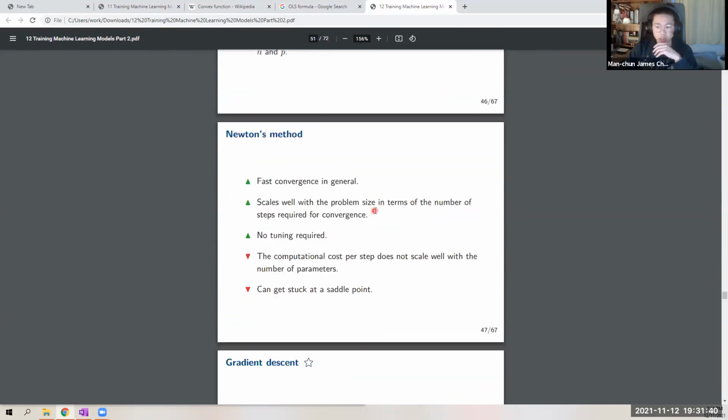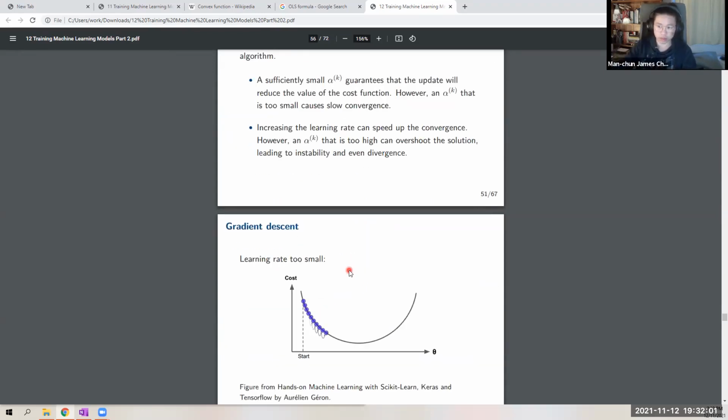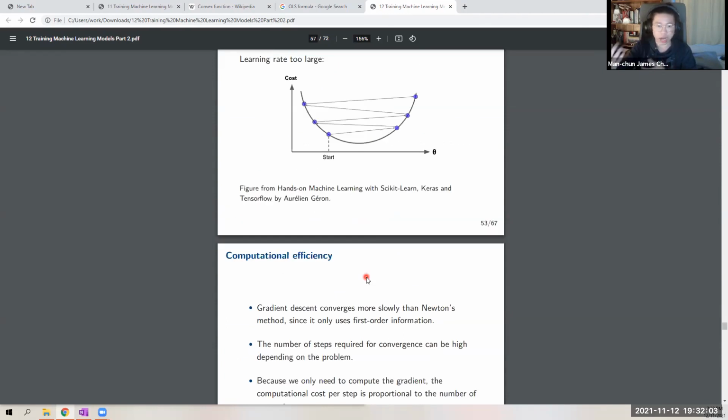Make sure you know the difference, what's good and what's bad about Newton's method versus gradient descent, right? Newton's method in general requires fewer iterations. But when you have a lot of parameters, the computational cost just gets huge. In contrast to gradient descent, where it might take you more steps. And you also have a hyperparameter to choose, the learning rate.